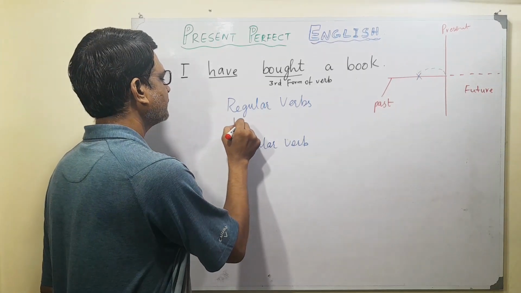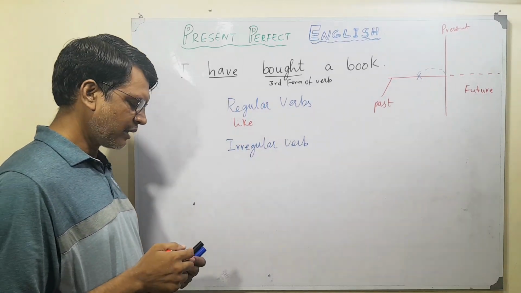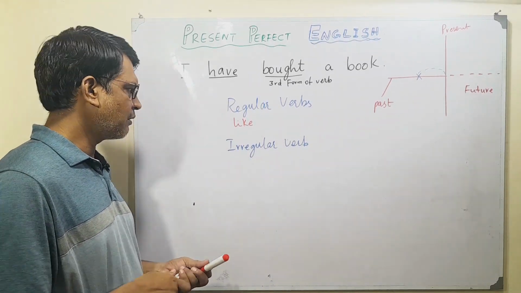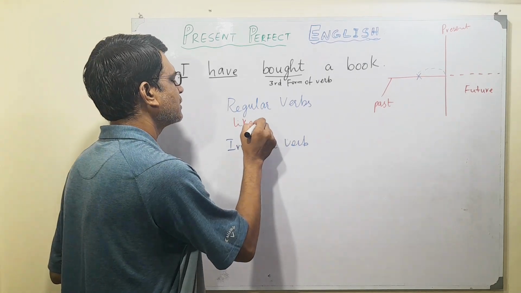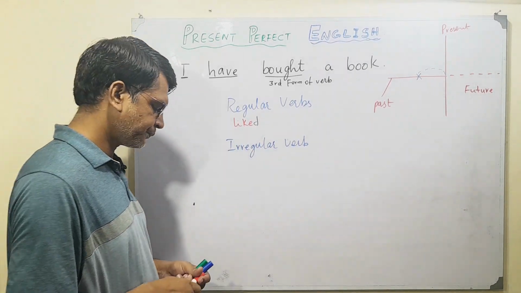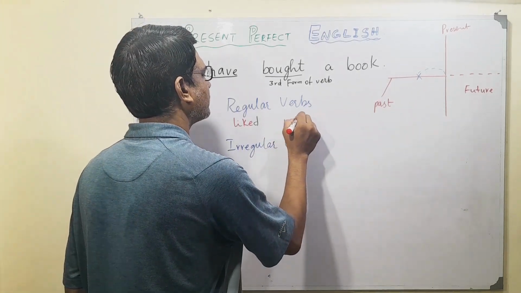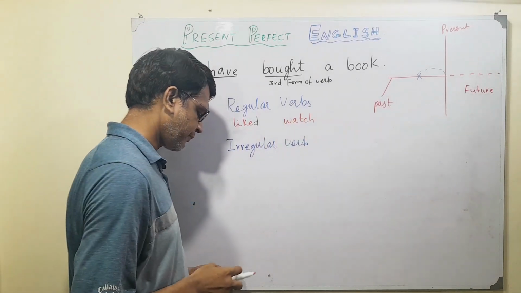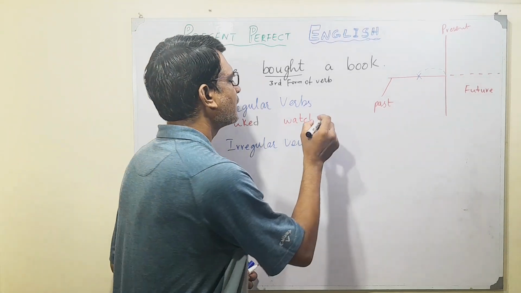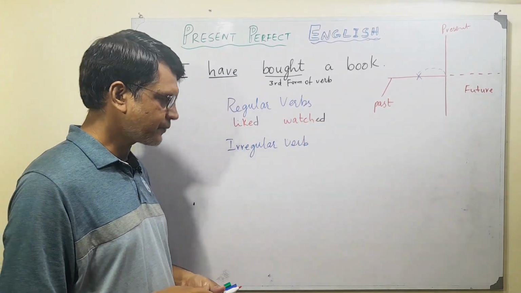For example, the word is like. And what do you do with it? You put only the d here, and now we have the second form. Similarly, if we have watch, you put ed here and it is watched.